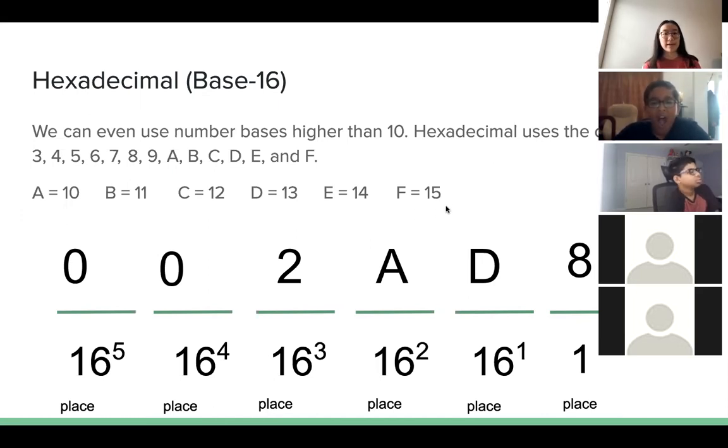So you might want to write that down just to help you because we're going to be doing some converting, and it's easy to mess up those.